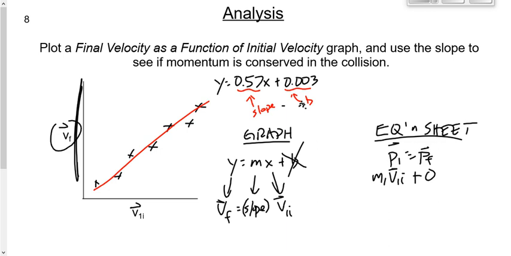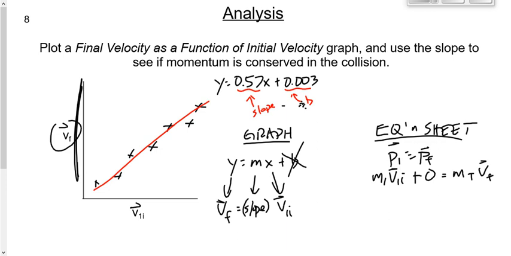Where does the 0 come from? The initial momentum of the second car. The second car is at rest, right? So it has no momentum before the collision takes place. Equals mt. What's mt stand for? The total mass times vf.